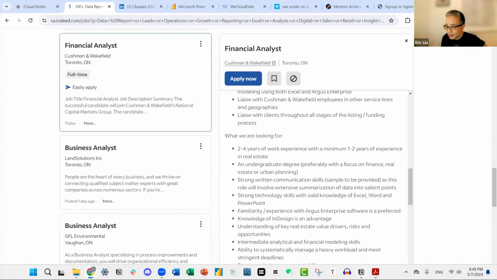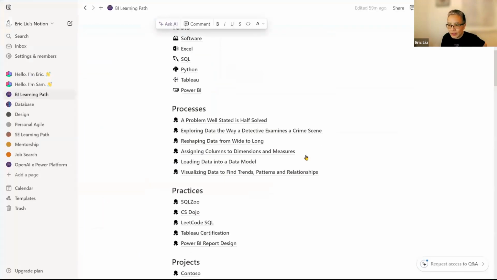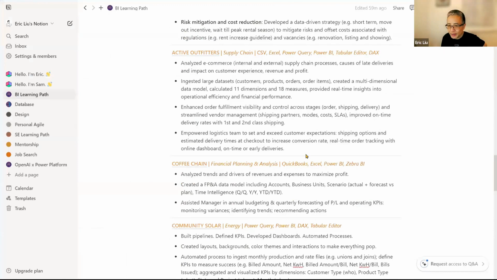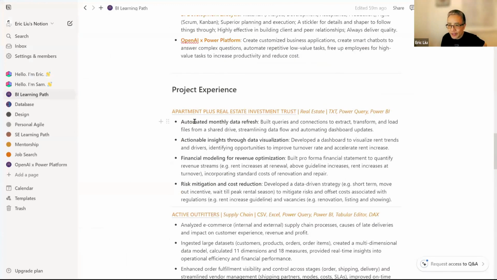So once again, let me show you. We have a particular project right here, right? Apartment plus real estate investment trust. And this is real estate. And you can see these are the bullet points you can add to your resume. And you can just copy paste, but you don't feel good copy pasting, right?